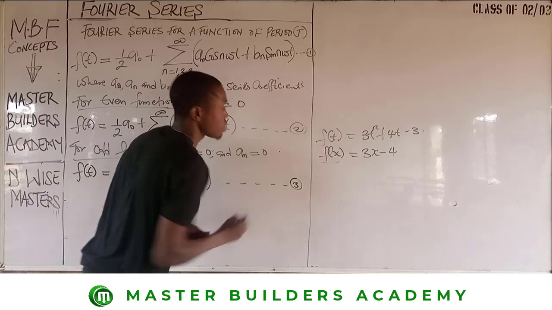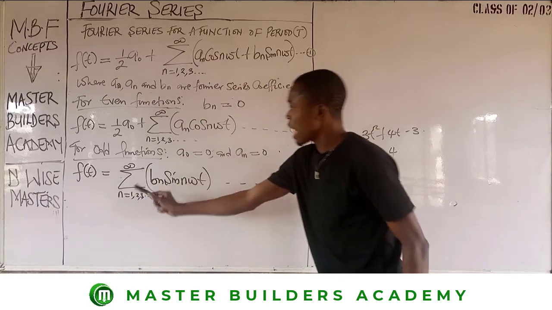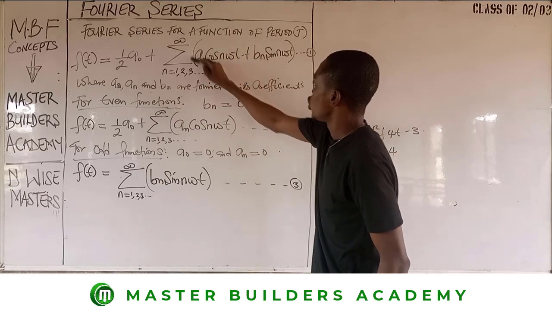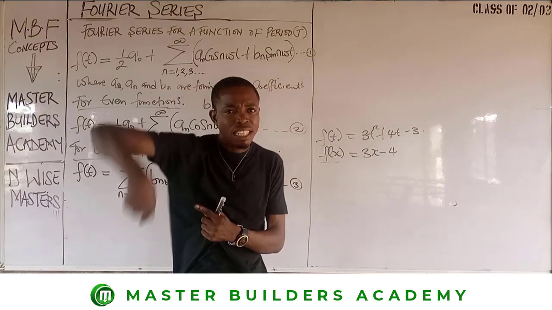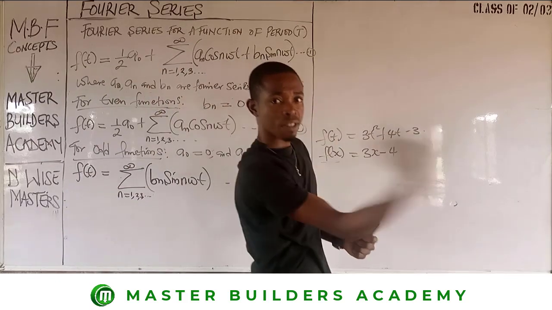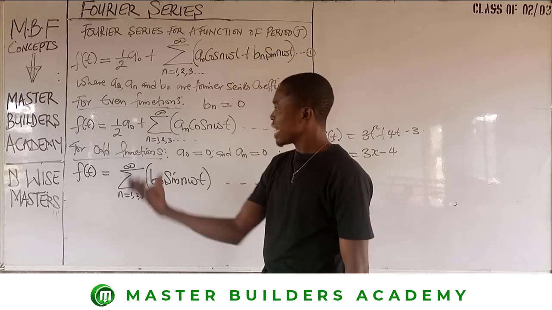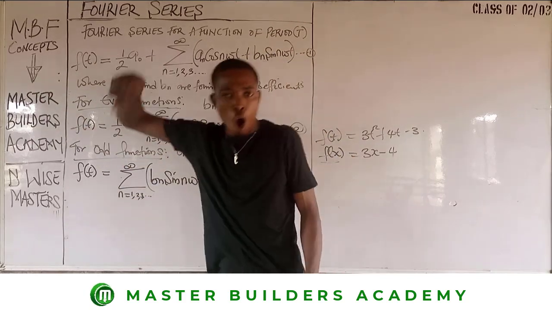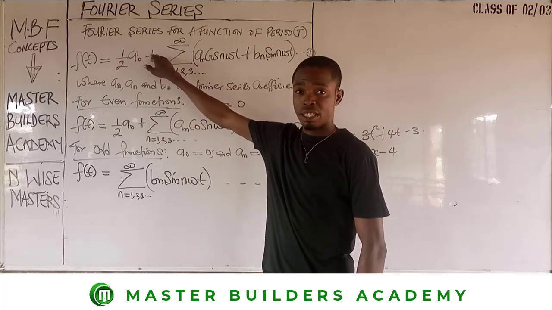This becomes equation 3. So you see now, this term will automatically become 0 and this term will also become 0. Anytime you are dealing with odd functions, this is the equation to solve for. When you are dealing with an even function, this is the equation. When you are dealing with neither odd nor even function, this becomes the standard equation.